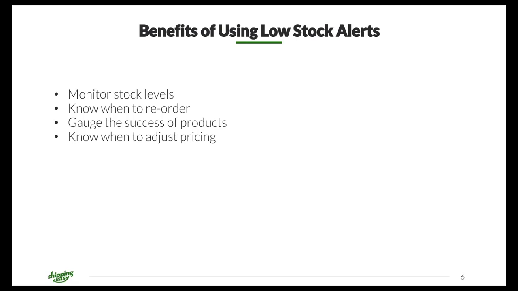You can know when to reorder, so you get an idea of how long it may take to process your reorder and get that in stock. You can know when to alter pricing on your store based on availability. And then when using your Amazon FBA, you can even set a separate low stock threshold for your products so that you can have an alert on when you need to send those products back to Amazon.